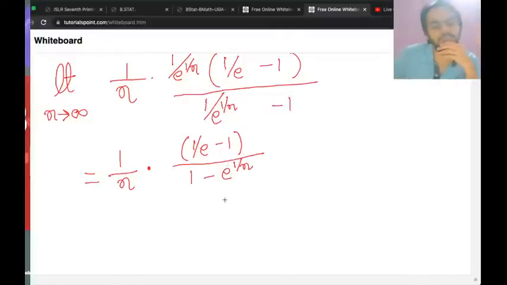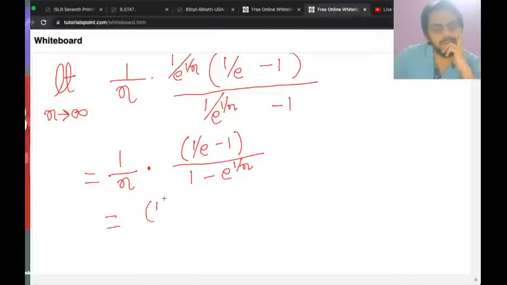Now let's think about the form of this. If I put n equal to infinity, this will be e to the power 1 by infinity, or e to the power 0, which is 1. So 1 minus 1 is 0. This will be infinity into 0, or we can write it in this way.